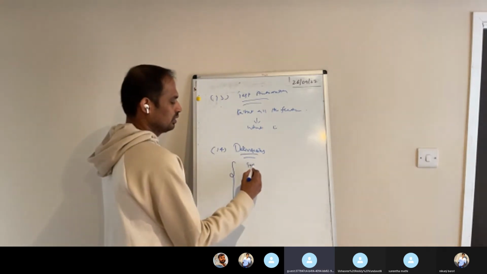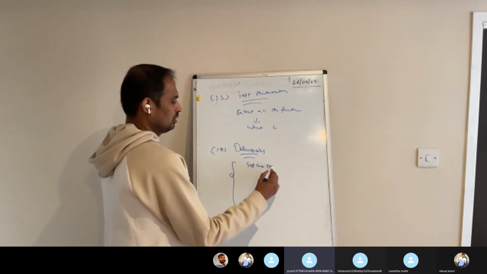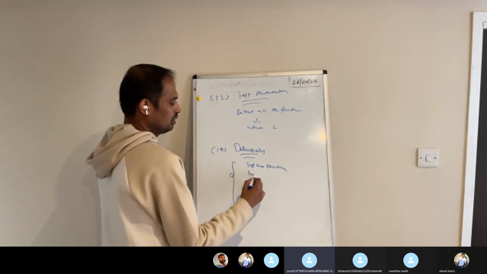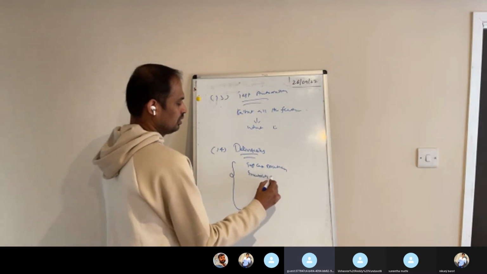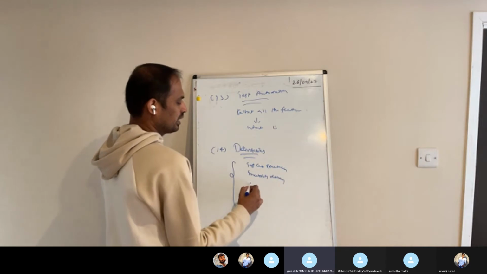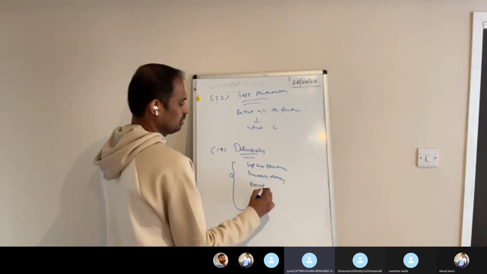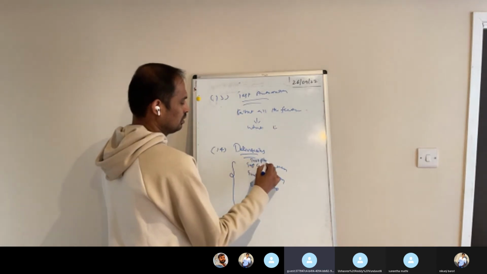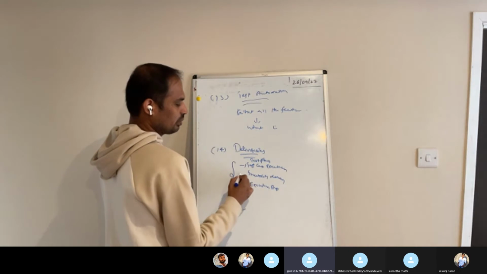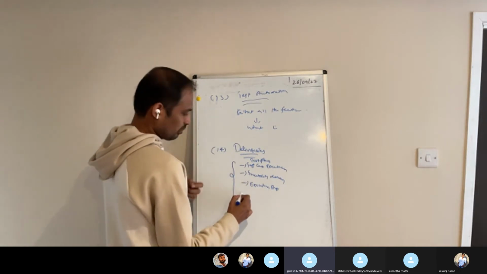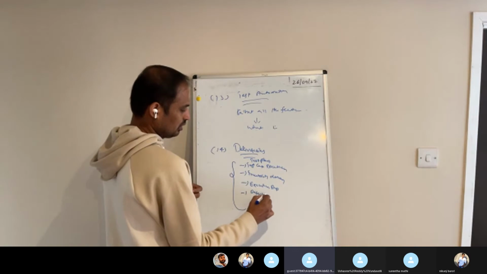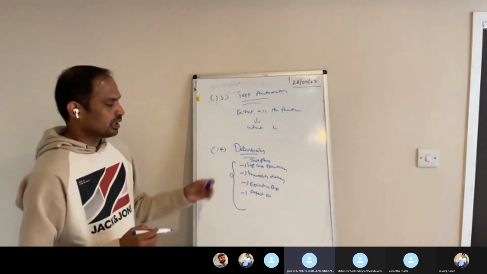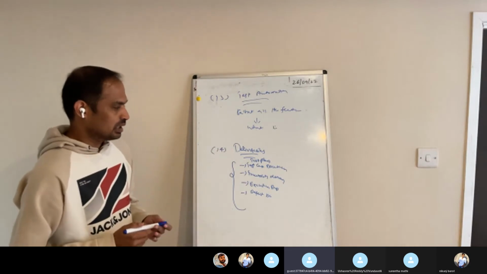So the test case document, the traceability matrix document, execution report document, defect report document, and the test plan. Okay, what else? So what all the documents we are going to give to the customer, those are the things that we are going to mention here in the deliverables.